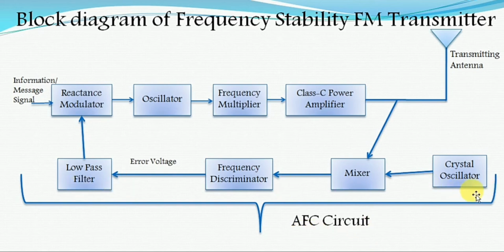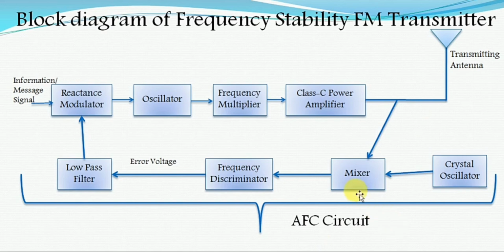One is the crystal oscillator, which will generate a carrier signal frequency, and the second one is the mixer. To this mixer, if you observe, one input is the crystal oscillator output, and the second input is the sample of an FM signal that is generated during the process of modulation.